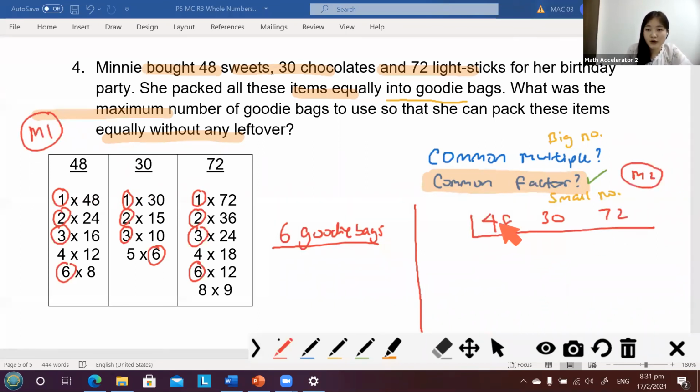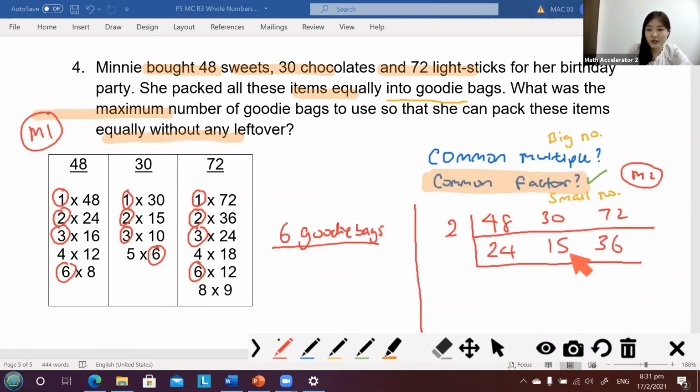We'll put all the numbers on a step of the ladder, and check what can we divide all of them by? Since they're all even numbers, we can divide them by 2. So you have 24, 15, 36.